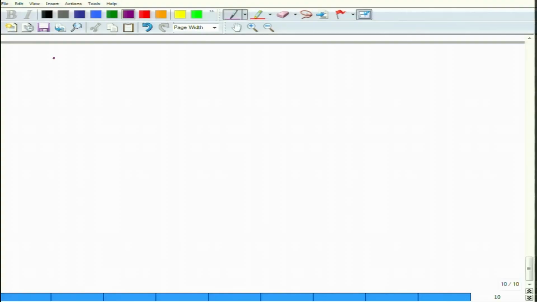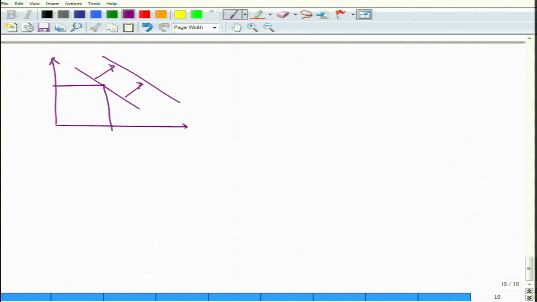What we see, as we have seen in case of demand, is that when, apart from price, anything changes my demand and it increases my demand, the curve shifts rightwards. So at the same price, my quantity demanded increases.